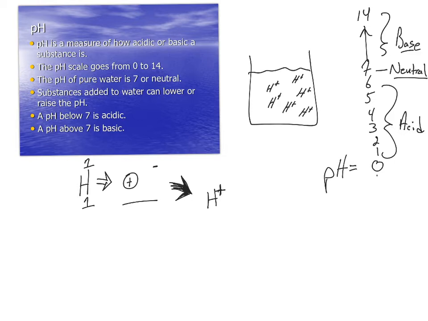This is the hydrogen ion concentration, and the square brackets mean concentration. So the larger the pH value, the less of these hydrogens you have. The lower the pH number, more hydrogen ions. The higher the pH number, less hydrogen ions.